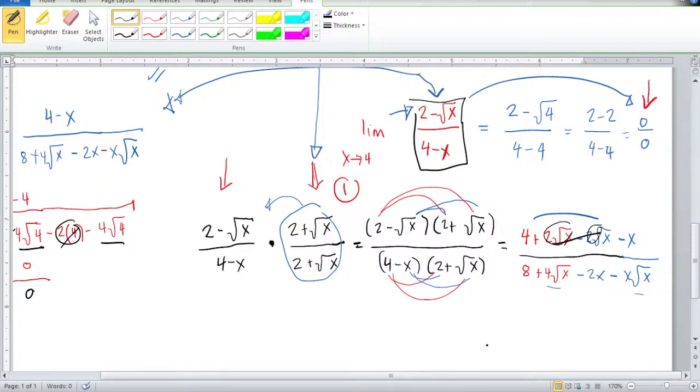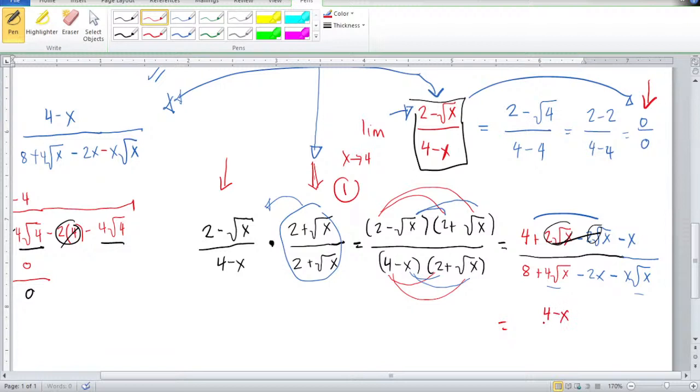Okay, let's go back here, class. So, it was not simplified. That's why. I'm sorry about that. This is 4 minus x, right?